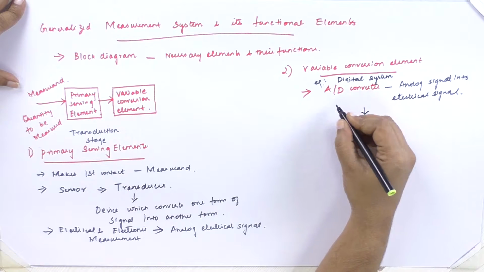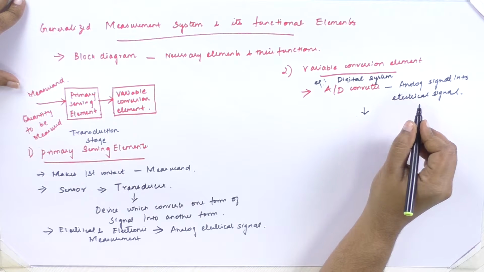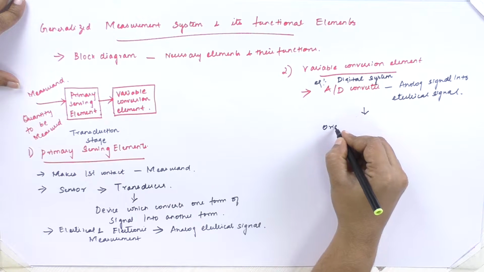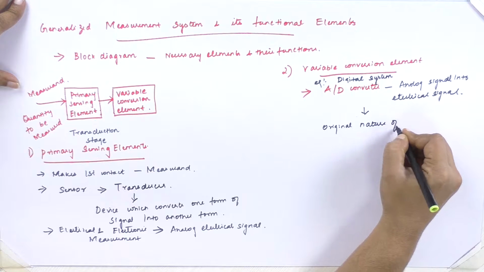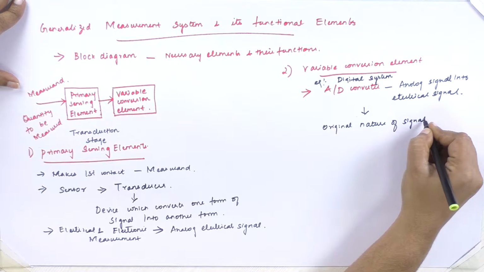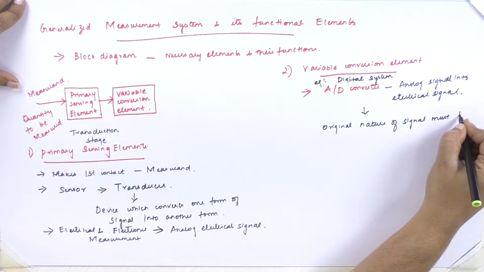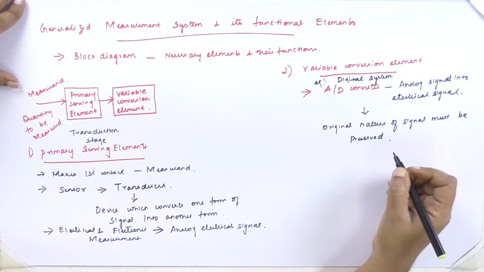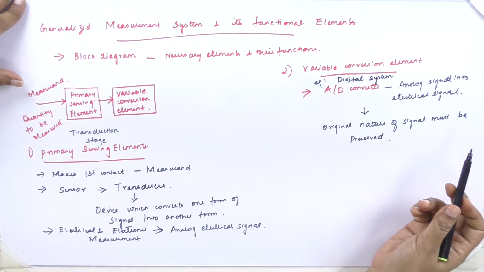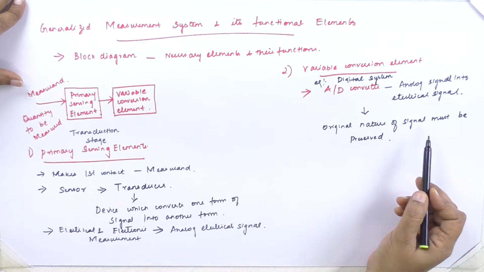But while converting this analog into a digital signal, the original nature of the signal must be preserved. Only it must be converted into another form, retaining its original nature.